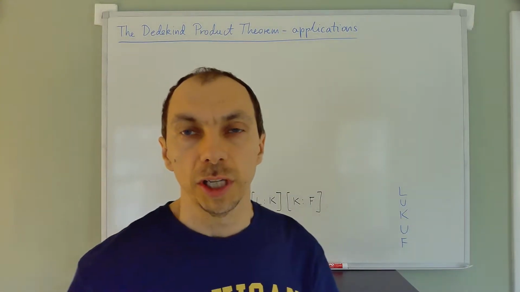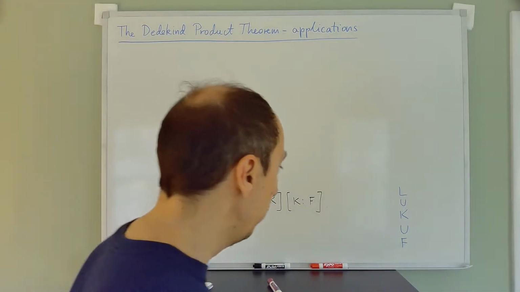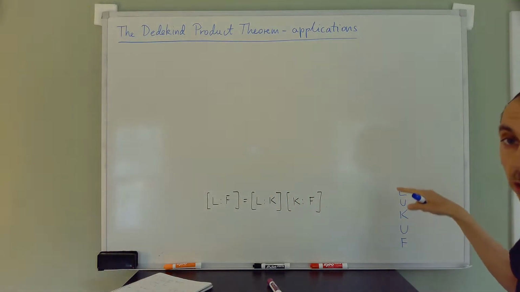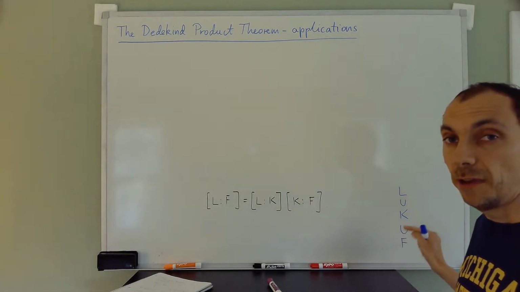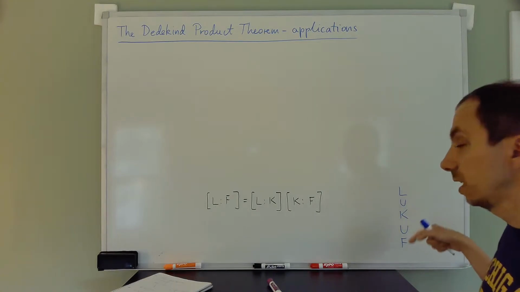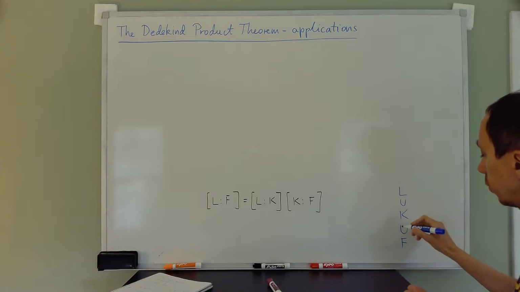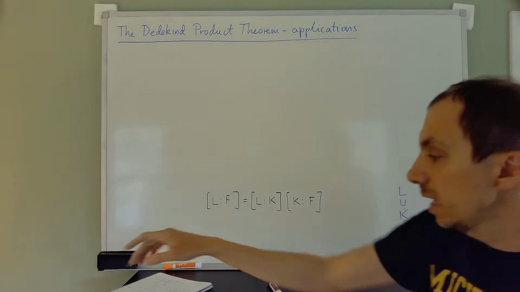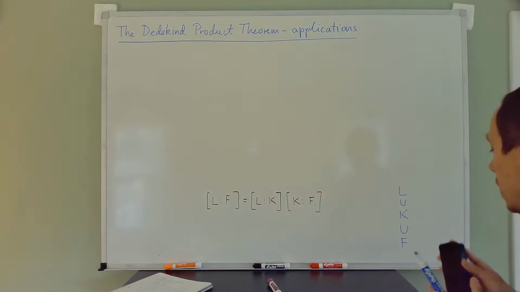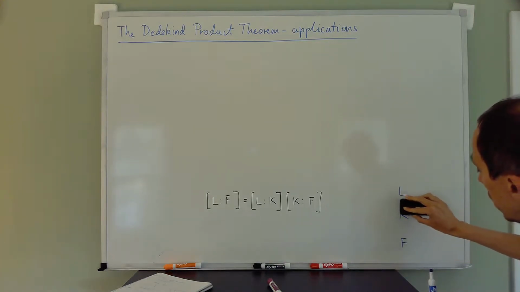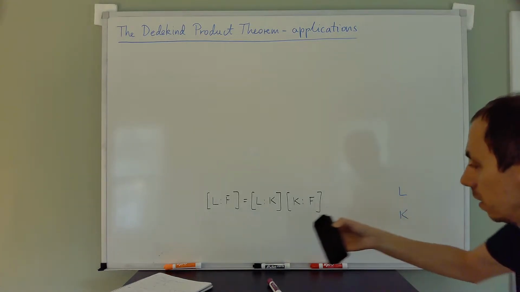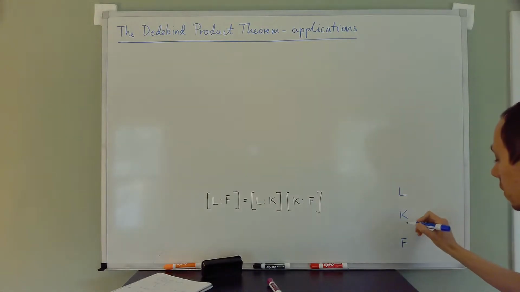So first, one notational remark. If you have containment of fields like this, and if F is a subfield of K, in other words, if K is an extension of F and L is an extension of K, then you usually do not write these containment symbols. Instead, people just use something like this.